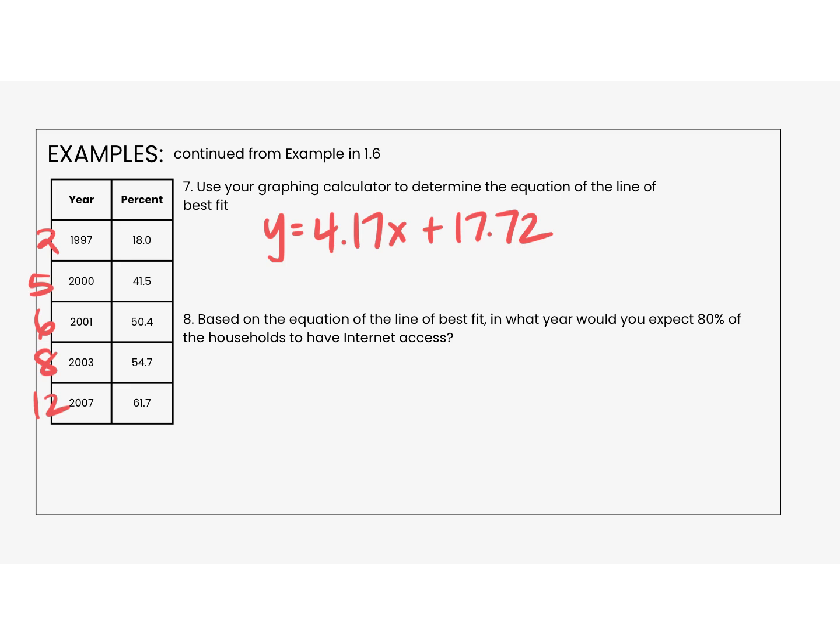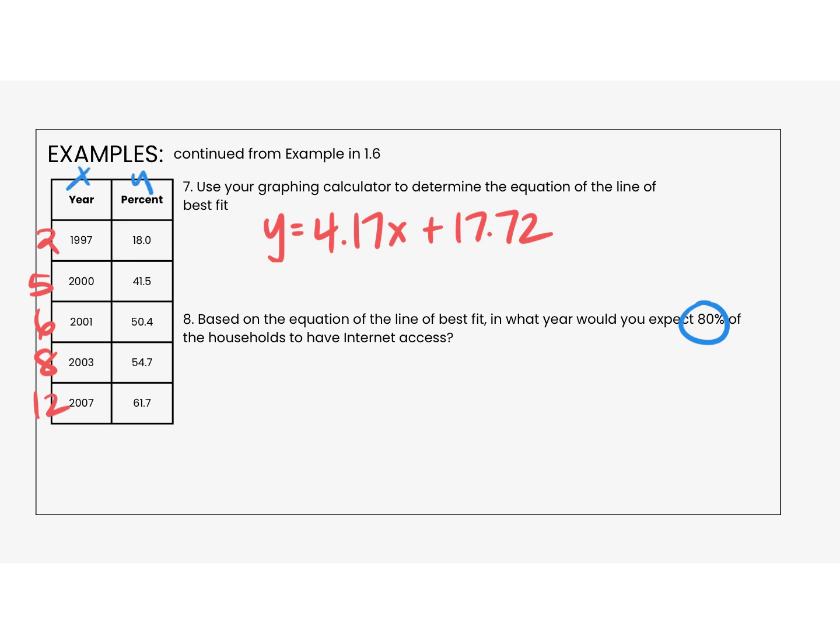Okay? And then the last step is, again, we're going to make a prediction using this trend line, and this is going to be a little bit more accurate. It says, based on the equation of the line of best fit, which again is this equation right here, what year would you expect 80% of the households to have internet access? Okay, 80%, right?